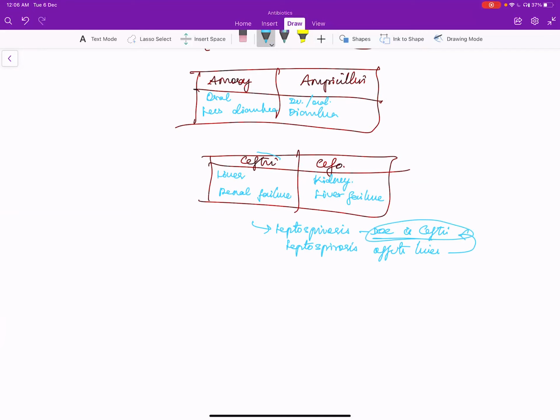The reason is that ceftriaxone can get concentrated in the liver and kill the bacteria. But practically, ceftriaxone metabolism is mainly in the liver, so you give it in renal failure. In liver failure, it has to be preferably avoided, except in case of leptospirosis, where in spite of liver failure, we can give it.